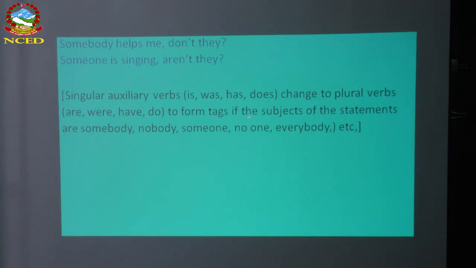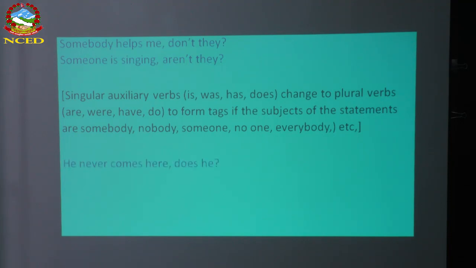Because if the subjects of the statements are somebody, nobody, someone, no one and everybody, etc., then we use plural verbs. Alright, are you clear about it? Shall we move to next?